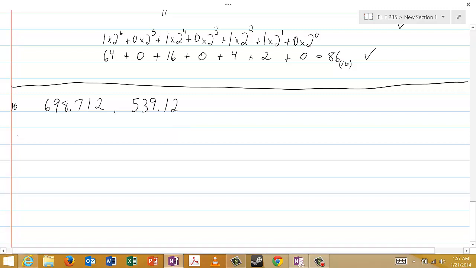Now, similarly, if we're writing in base 2, we would have something like this. Or we might have something like that. Again, all of the digits in this case are less than 2.